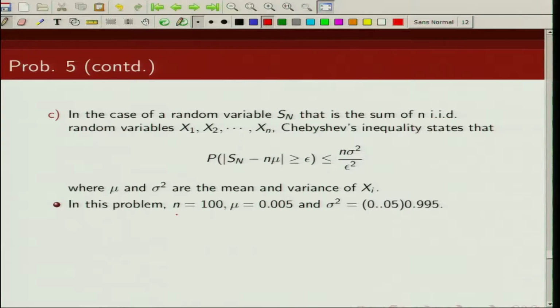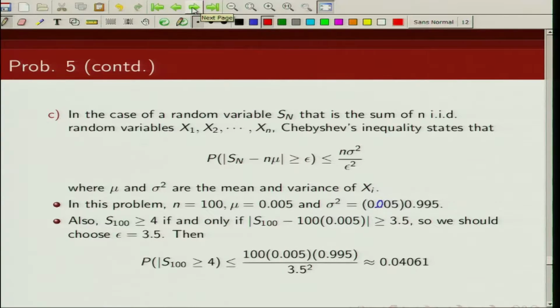So in this problem our n is 100, mu is 0.005 and sigma square is 0.005 into 0.995. We are interested in knowing that the sum of ones is greater than or equal to 4. So we choose our epsilon in such a way that the sum of these 100 bits comes out to be greater than or equal to 4.